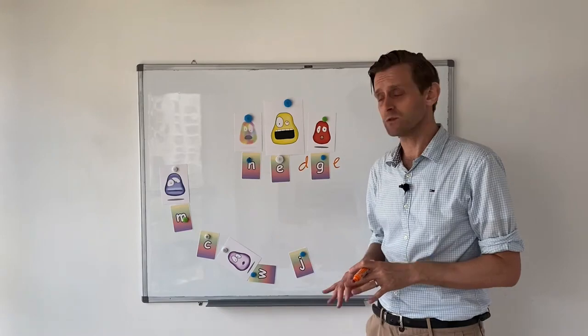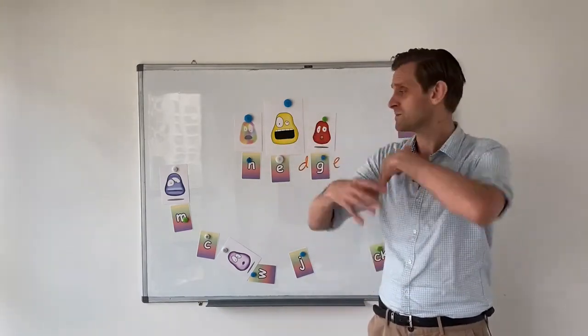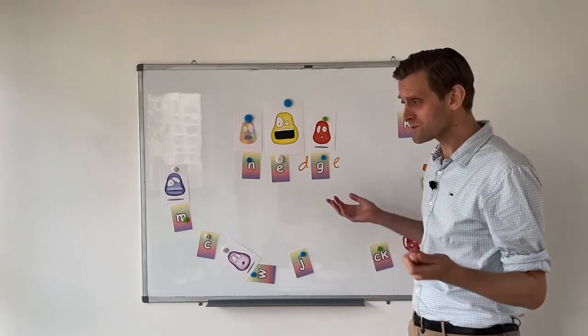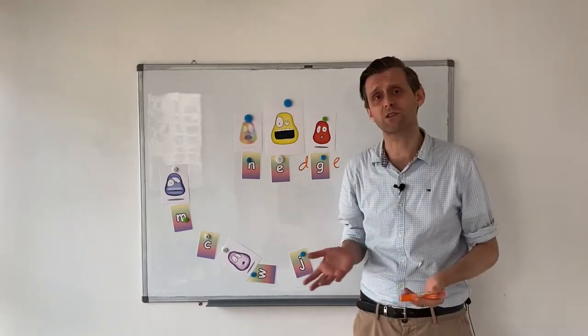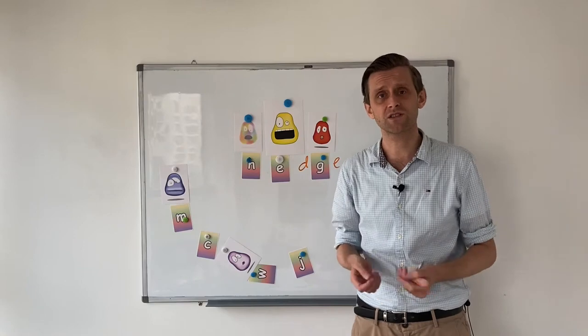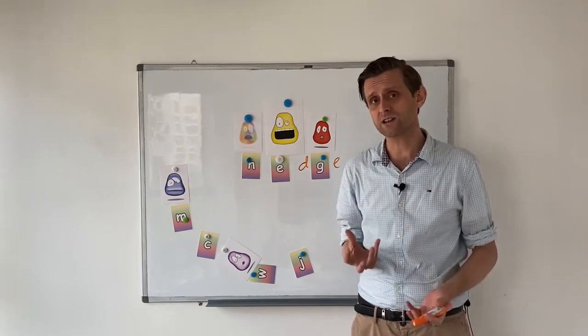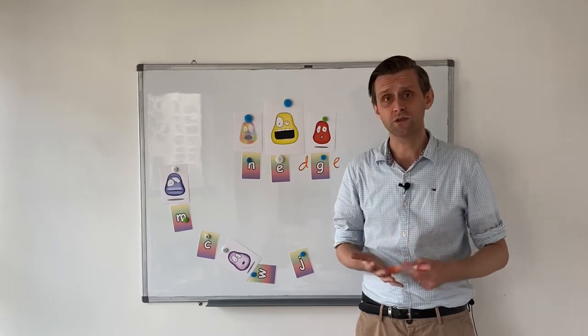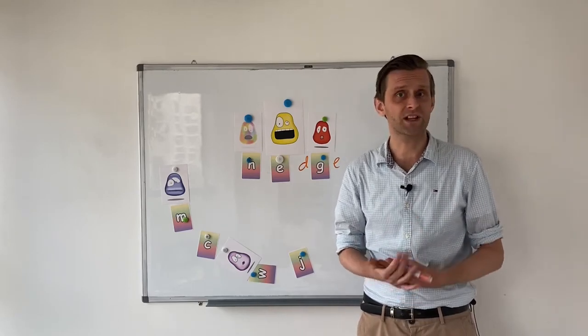Now, we're not going to be wanting to do this with very low levels, but when we're later on in application level, these same basic blending games can be really, really useful for allowing us to naturally come across patterns. As we said, there are 1,000 different letter combinations. We're not going to ask students to memorize them. The way that they're going to learn these letter combinations and these patterns is through exposure and encountering them in a natural way.